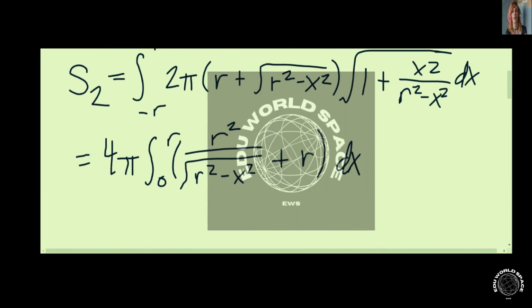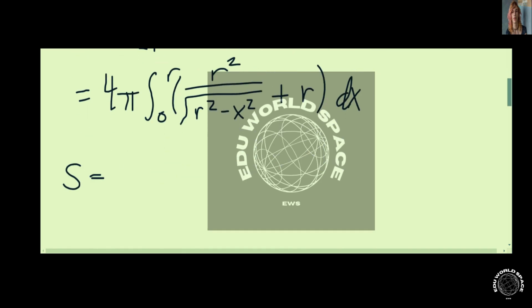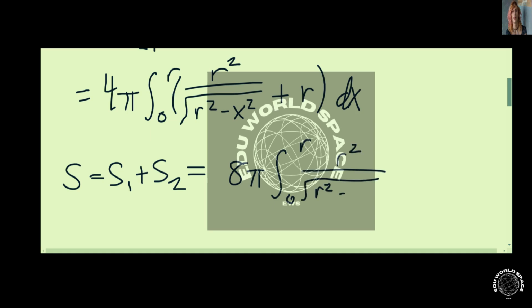Therefore, the total surface area, S, is going to be S1 plus S2, which when we add these together, we cancel out the r terms in the integrands, and so we simply get 8 pi times the integral from 0 to r of r squared over the square root of r squared minus x squared dx.